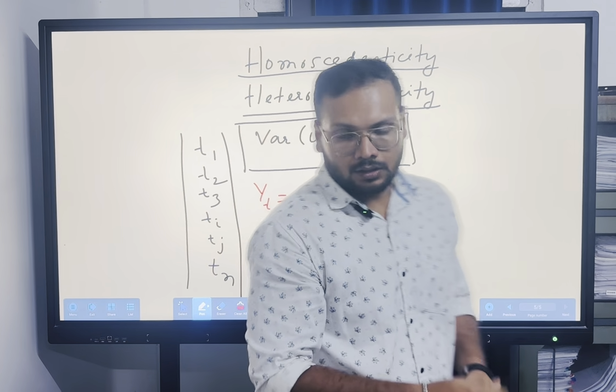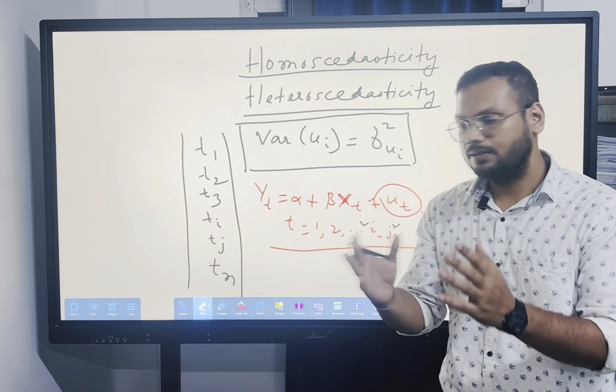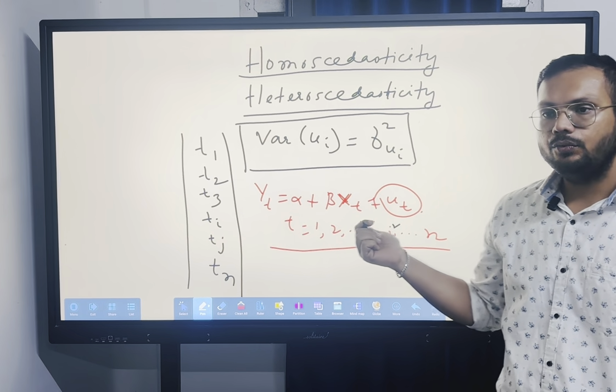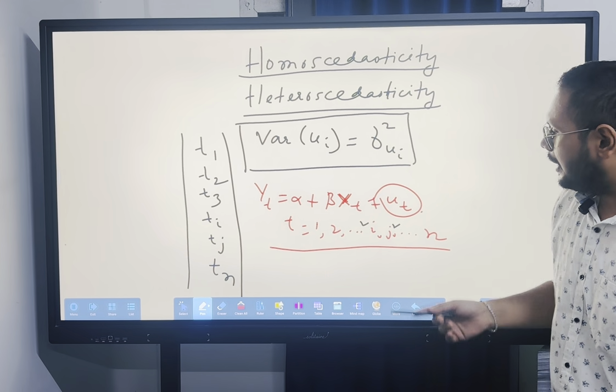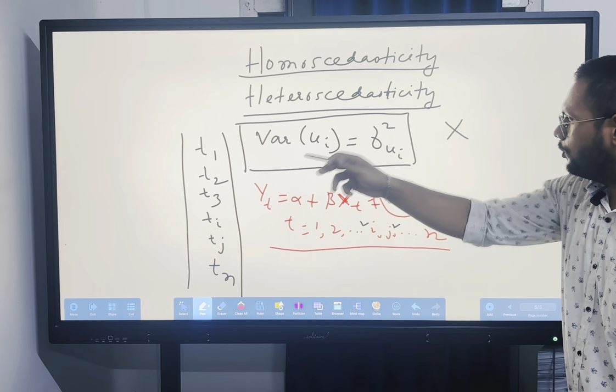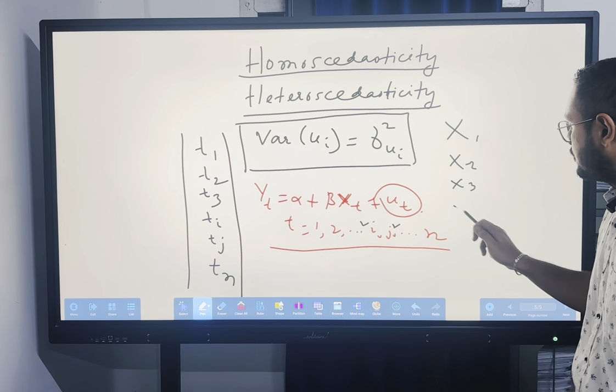Now, if we identify the model like this, and then go on for the regression, we find that just like u, x also has various observations like this.